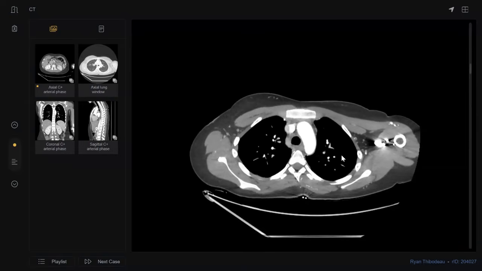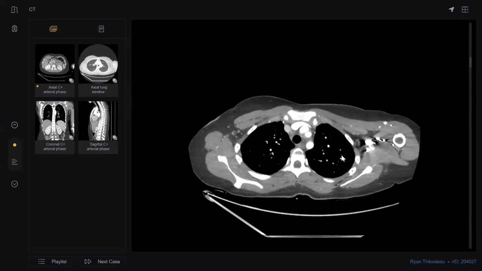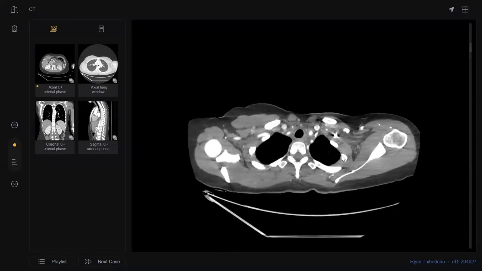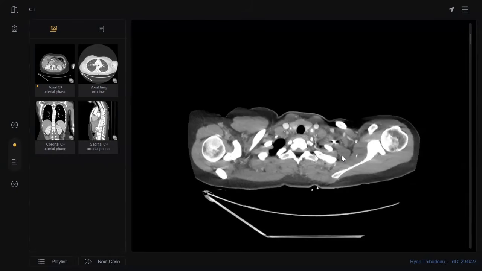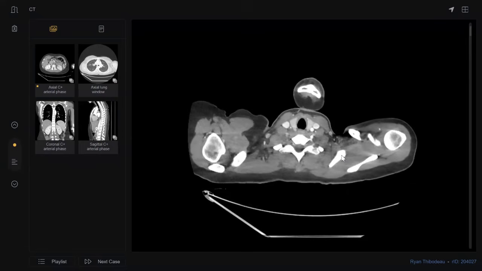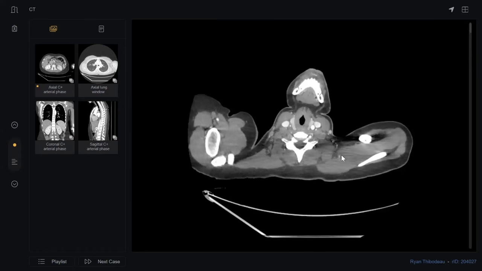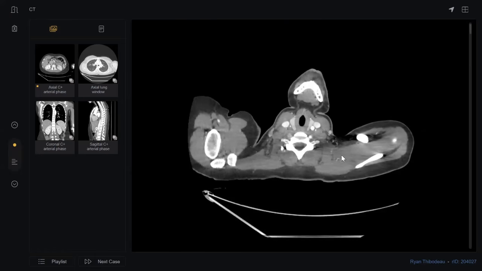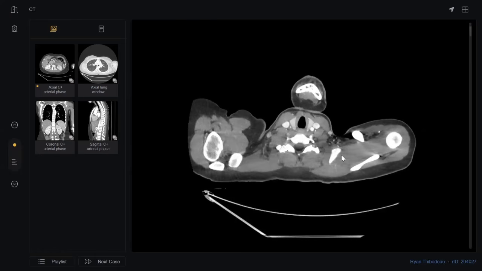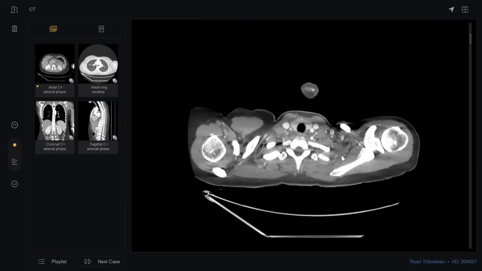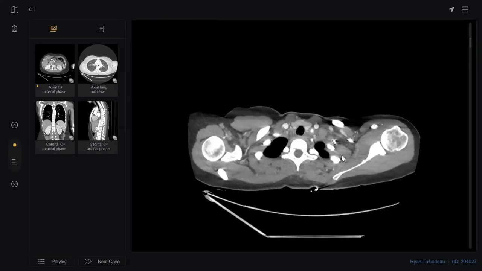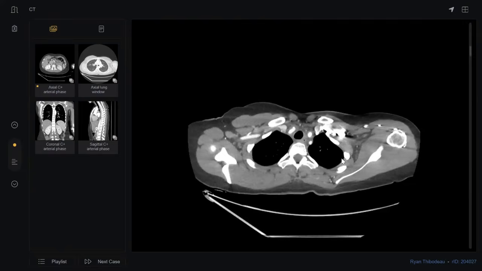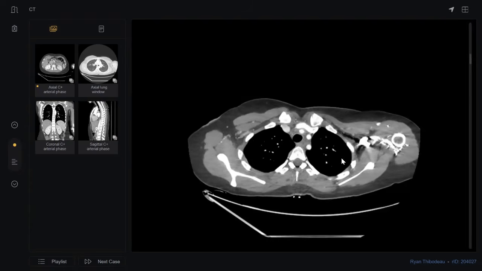I can see that the contrast is normally opacifying the bilateral pulmonary arteries, the aortic arch, as well as the carotid branches. There is normal enhancement of the bilateral thyroid glands. I am at the uppermost cut, so I would like to go back to the chest sections. Bilateral internal jugular veins appear normal.